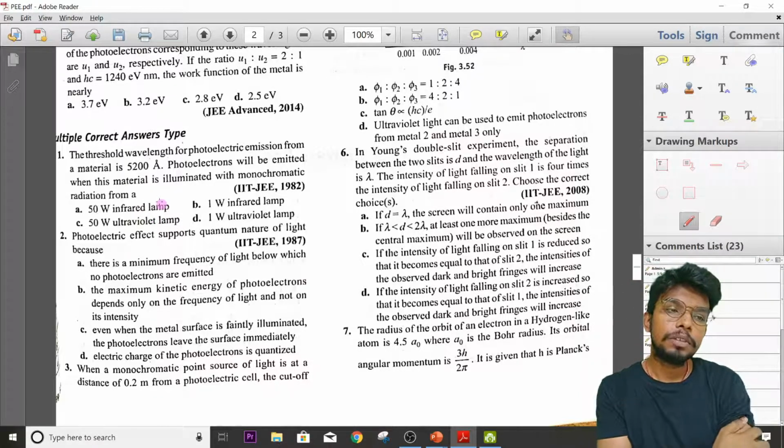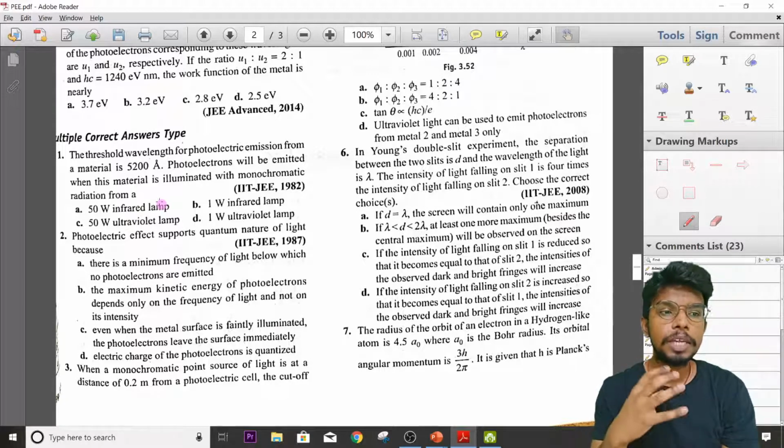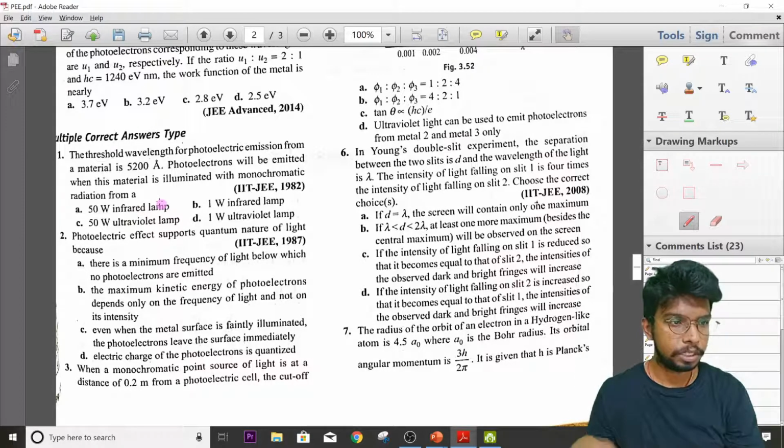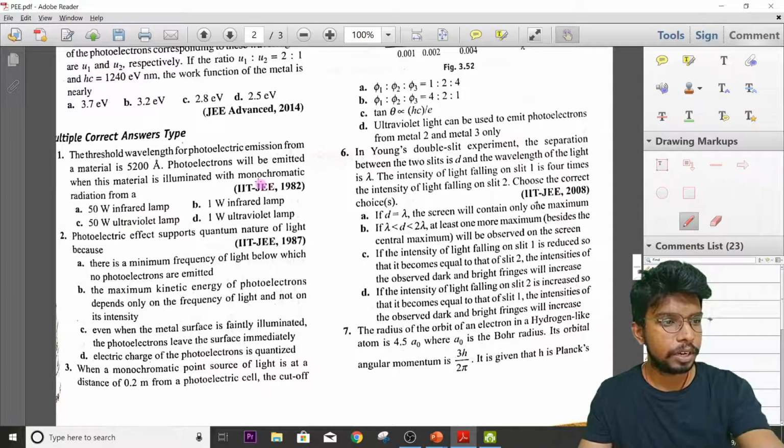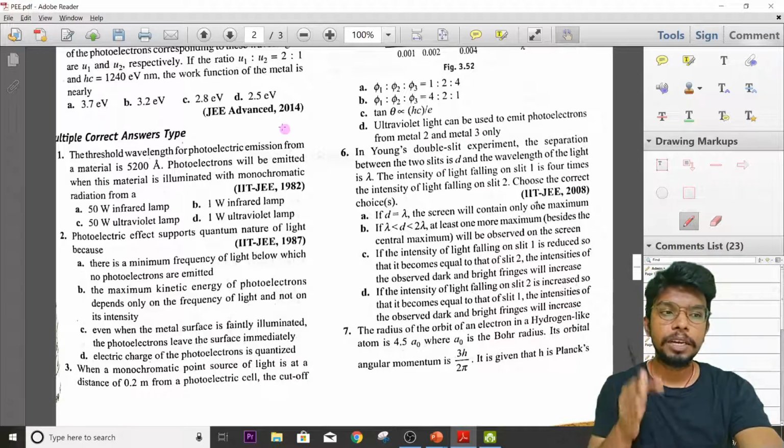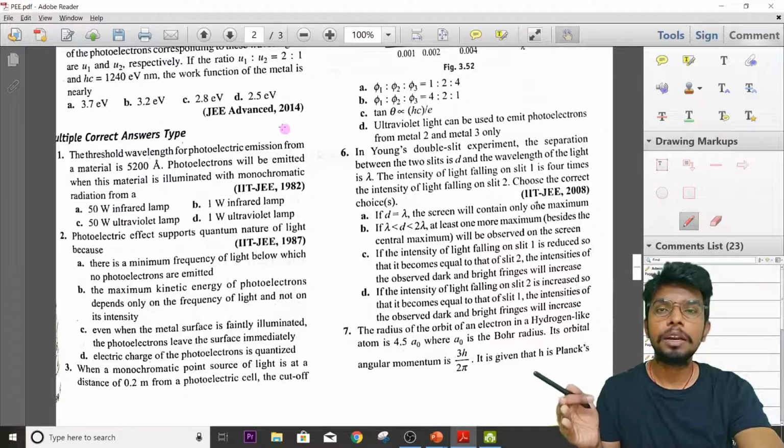We are not concerned about the energy per unit time. We are concerned only about the energy which is falling over there, not the energy per unit time. And 50 watt infrared lamp and 50 watt ultraviolet lamp. So we should also know the electromagnetic spectrum, where exactly infra lies and where exactly ultraviolet lies.